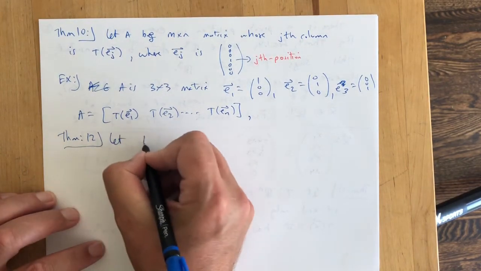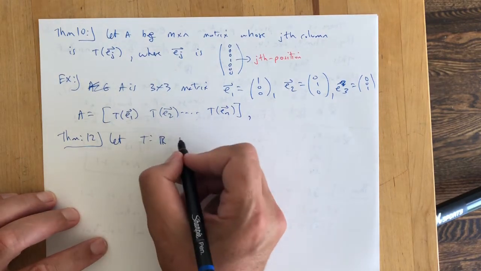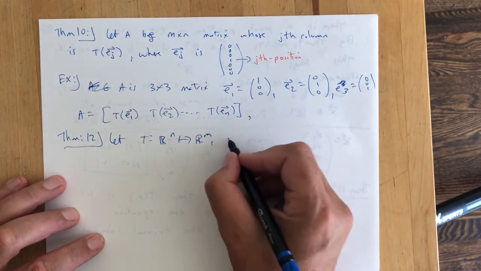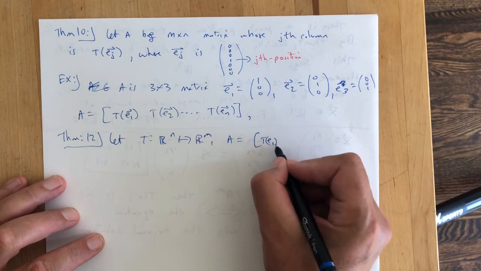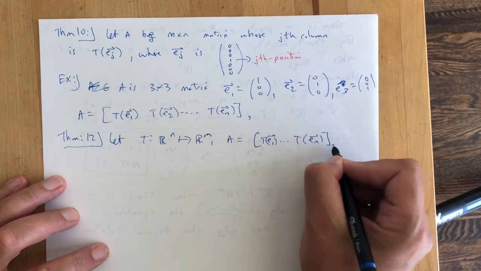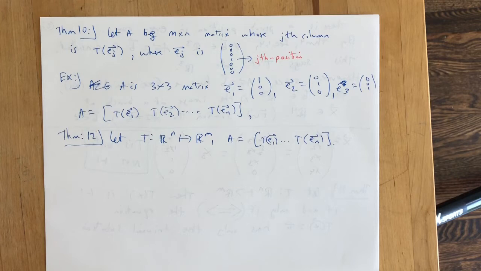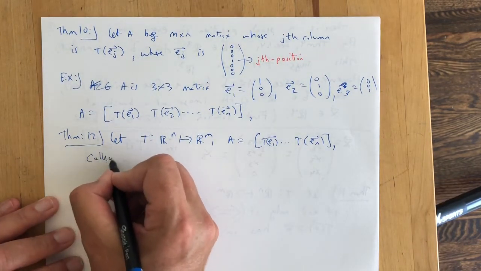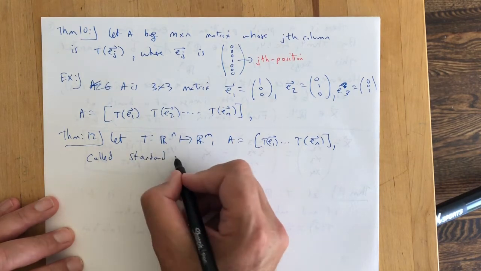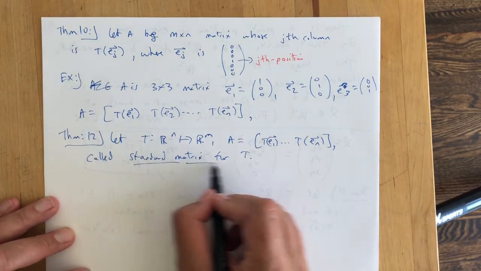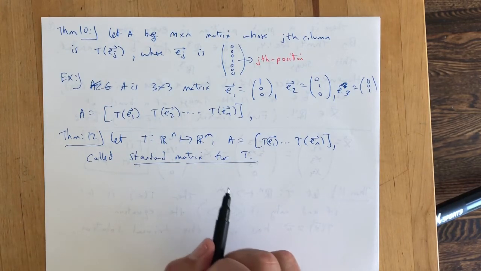So let T take Rn to Rm, and let A be this matrix T(E1) down to T(En), which your book calls the standard matrix for T. I will be using that for this theorem, and then in the future we'll ditch this and make it much better.